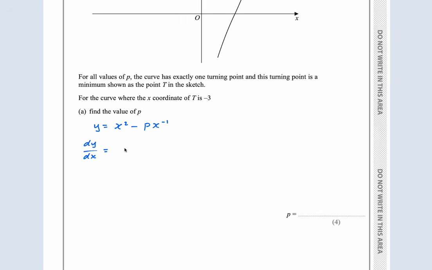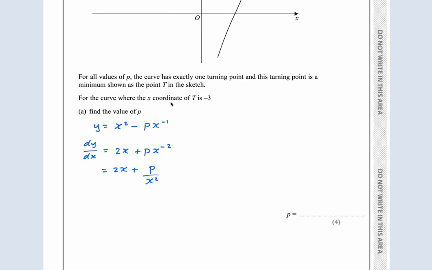Now we do 2 times x multiplied by the power, and then subtract 1 from the power, so it's just to the power of 1. Then we multiply by this power. -1 times minus p is plus p, and we subtract 1 from the power, which is -2. So this is equal to 2x plus p over x squared.